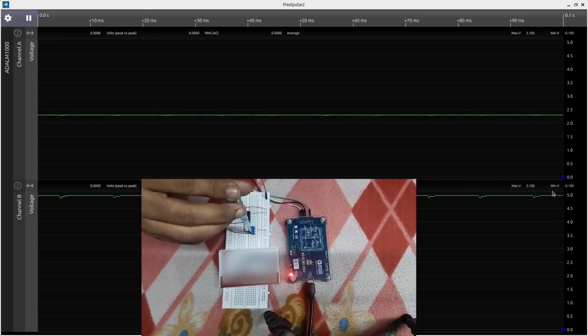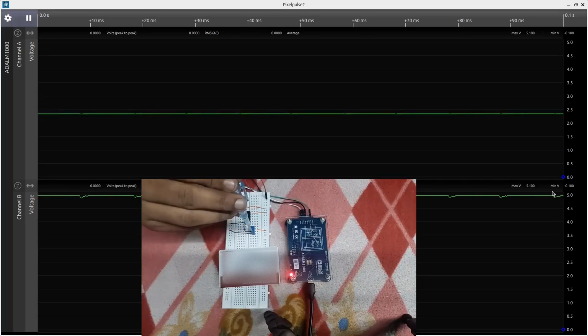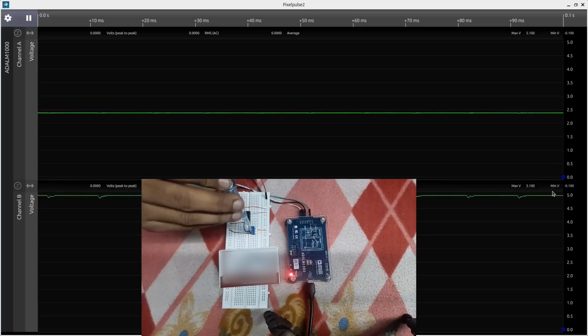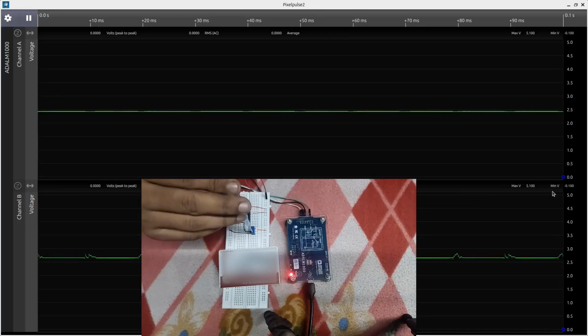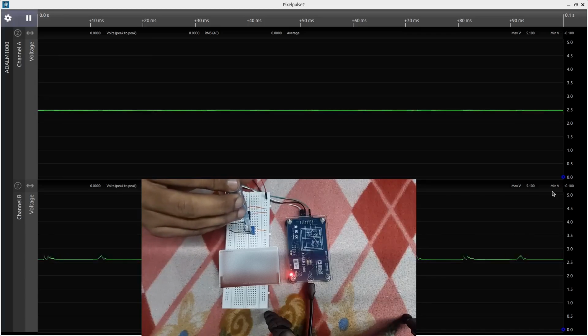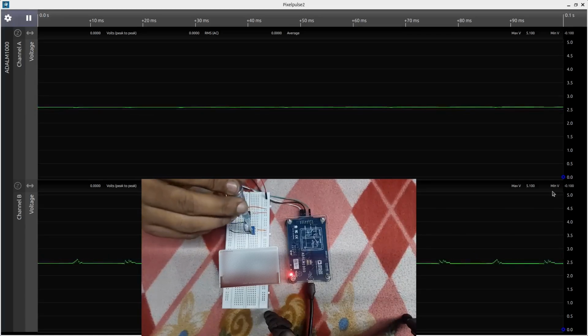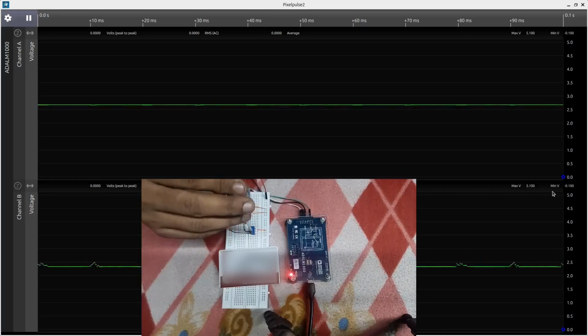Now close to 2.5 volt, if we increase the input voltage above 2.5 volt, the output voltage starts changing. If we increase the input voltage at pin 2 more, we can see the output voltage is changing abruptly.